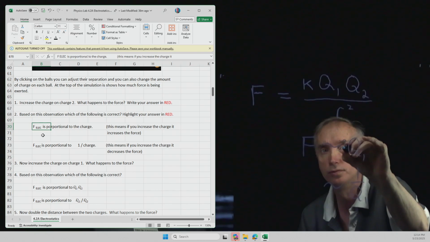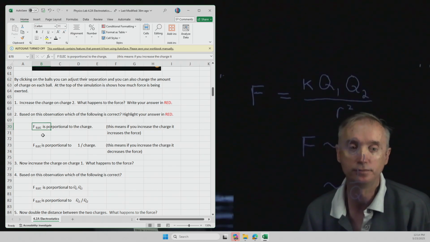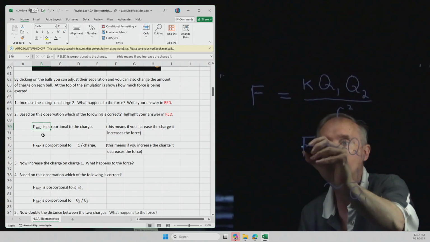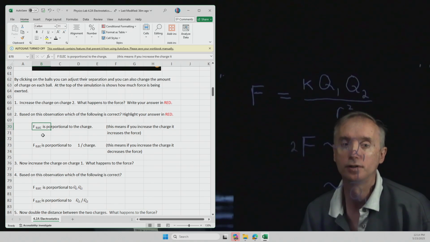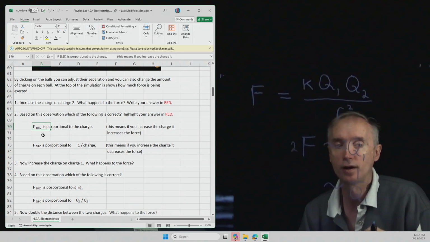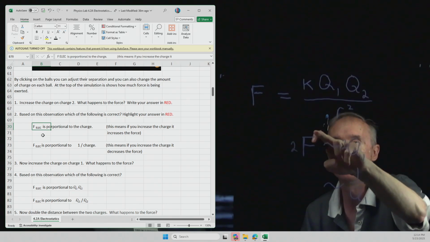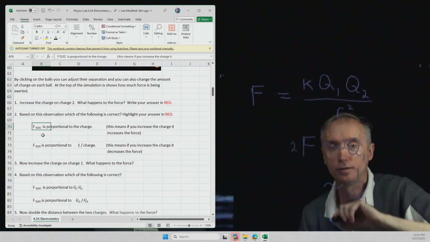If I double Q1, then you should know from algebra that if I multiply one side of an equation by 2, I have to multiply the other side of the equation by 2. So when you have a directly proportional equation, if this thing gets bigger, then this thing over here has to get bigger.